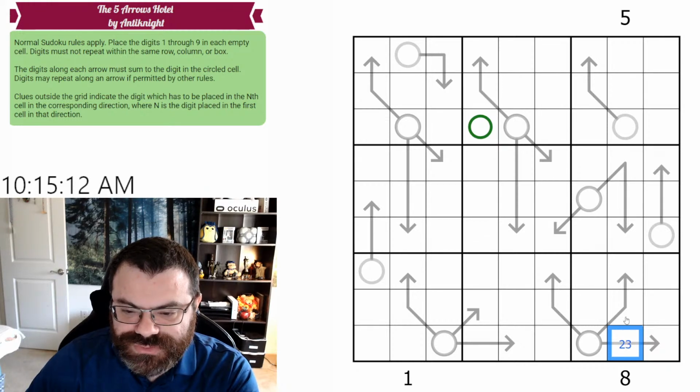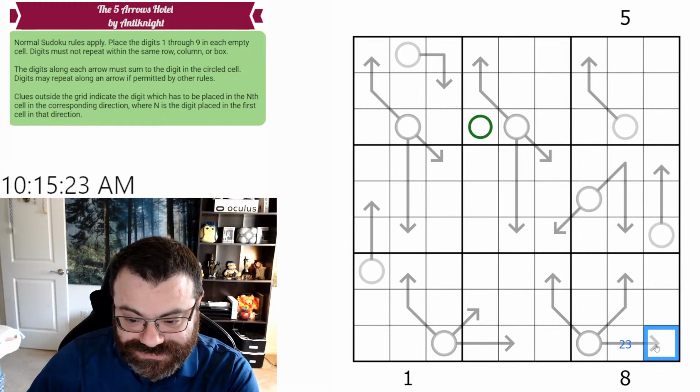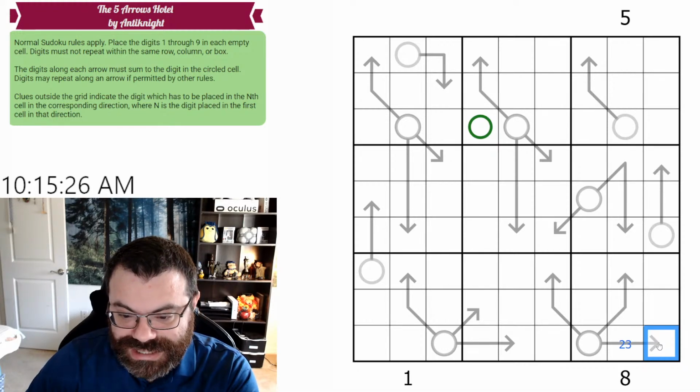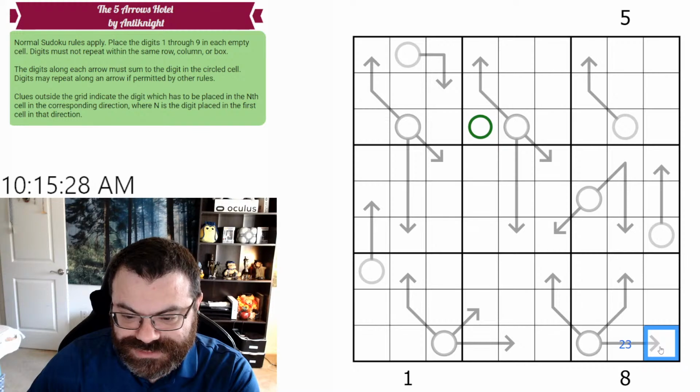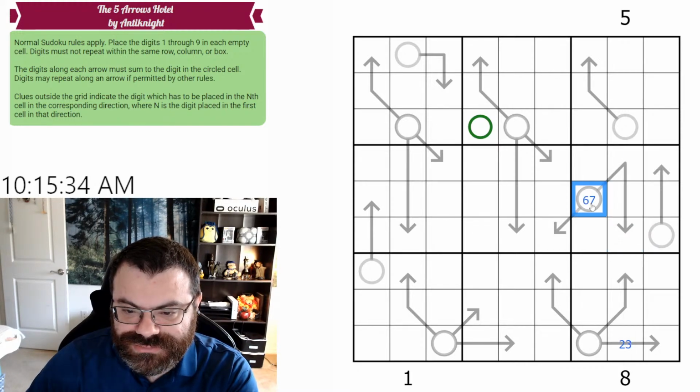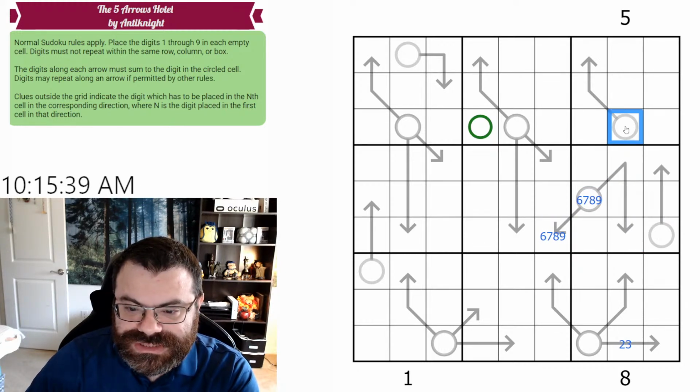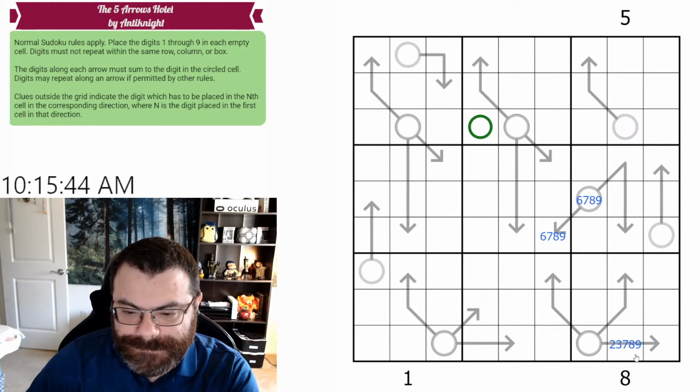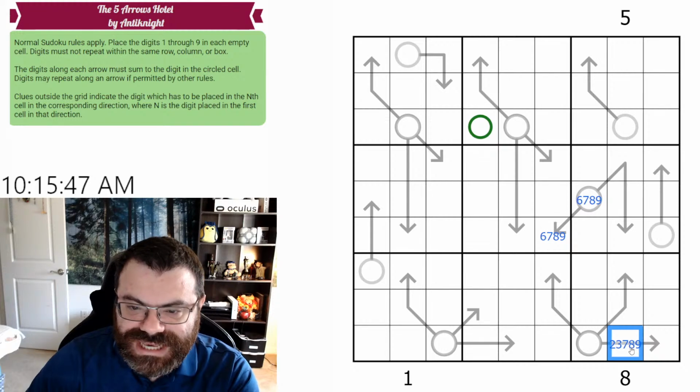If this were 2 or 3, we'd put a 1-8 pair on here, and then this would be a 9, and this would also add to 9, so it would be a 6 or 7. We can't put an 8 on a 3-cell arrow. Might as well mark this here. This sum could be 8, or these could be 8s, so this could also be 7, 8, 9. But if it's 8, then that puts another 8 there. That doesn't work, so 7 or 9.